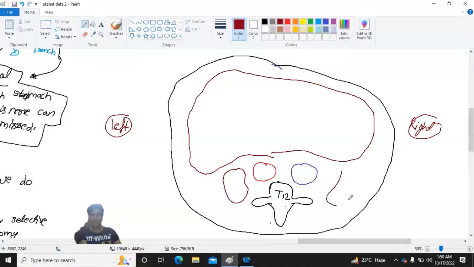Here is the right kidney. Here the pancreas is present. This is the pancreas.